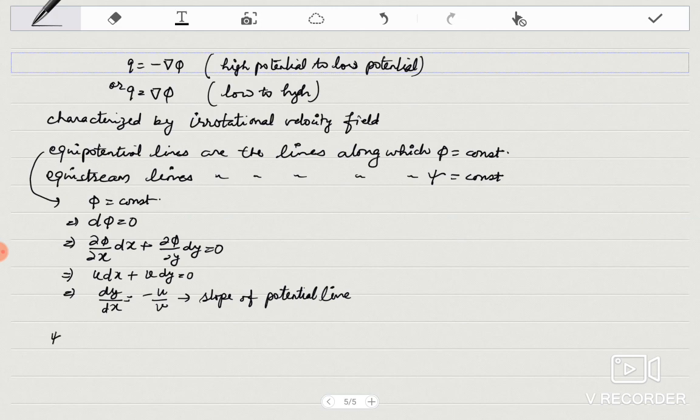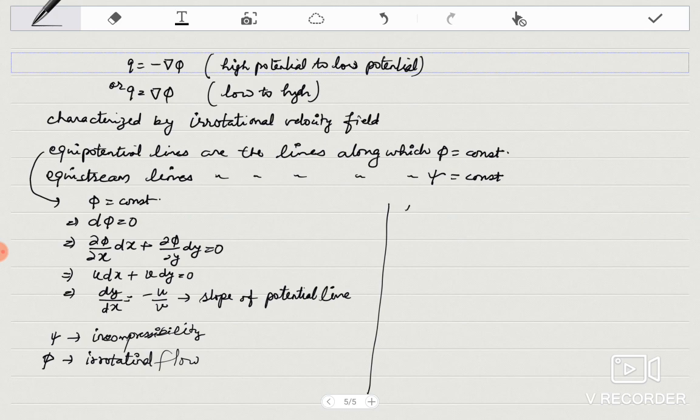So the psi function, that is the stream function, is associated with incompressibility. This is a very important point. And the phi function is associated with irrotational flow.